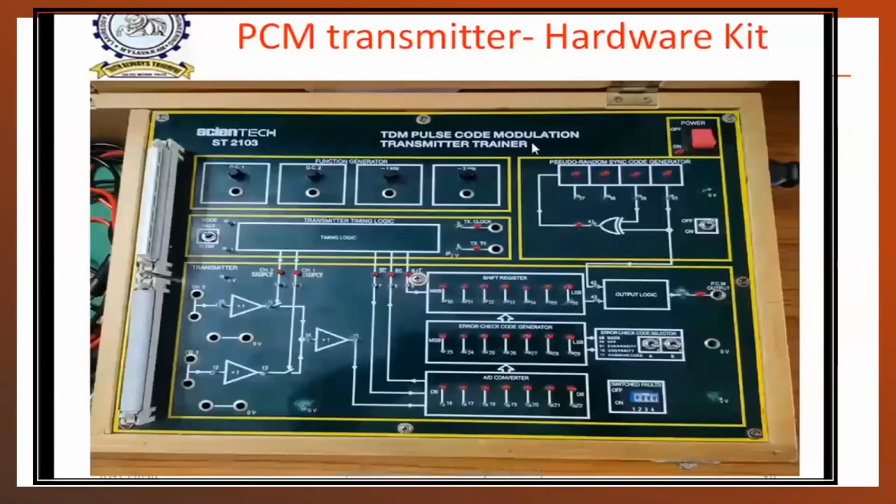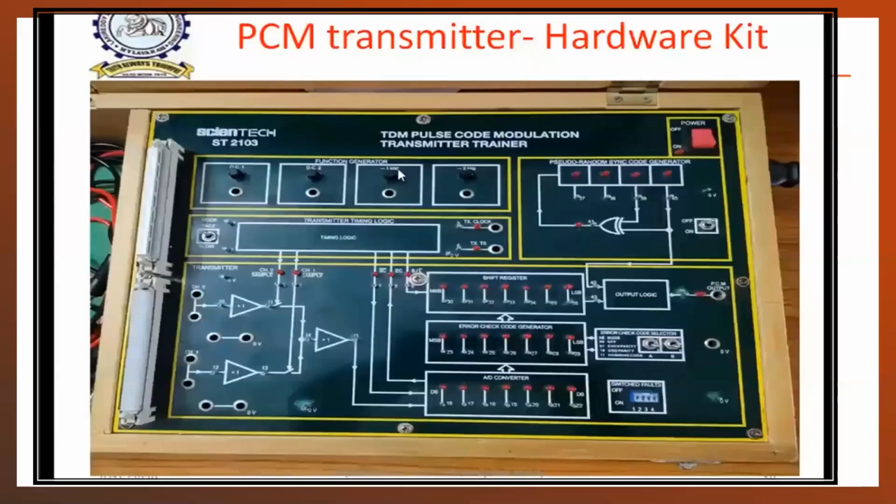There is a separate hardware kit for the PCM receiver. So in this PCM transmitter, let us observe that in the function generator we have 4 different input knobs. 2 knobs are DC1 and DC2, that is DC signals, and the other 2 signals are AC signals having sinusoidal frequencies of 1 kHz and 2 kHz.